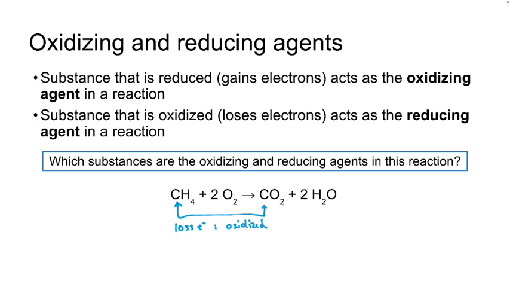Causing something else to be reduced sounds kind of goofy and convoluted, so instead we created a word for it, and we described that as a reducing agent. This tends to add all sorts of layers of complexity behind this, or confusion, because the thing that was oxidized is reducing, yet its action, it's causing something else to be reduced.